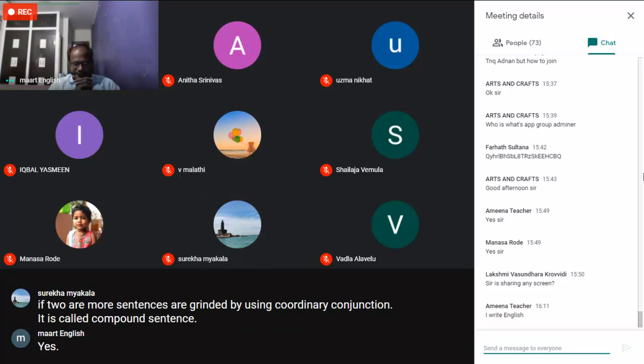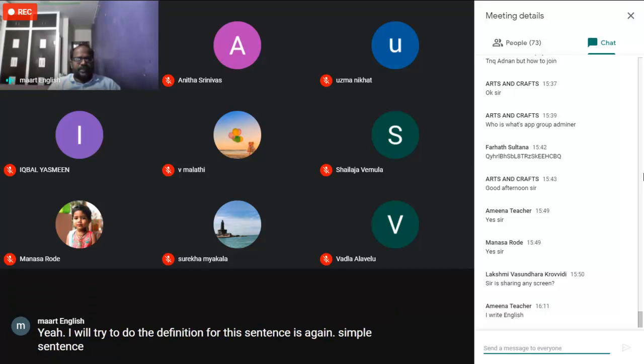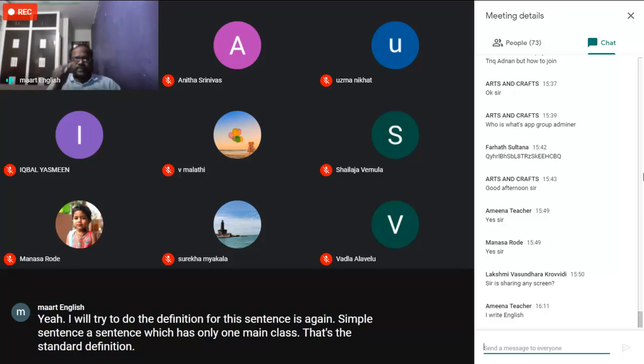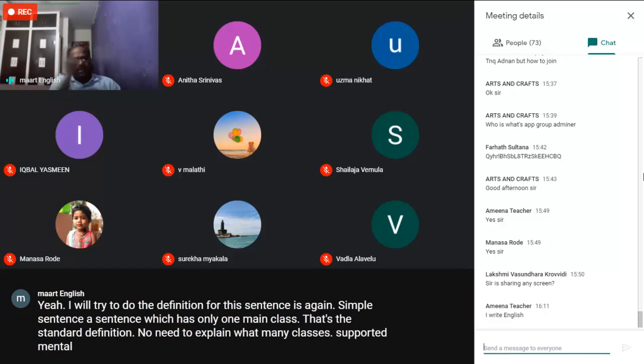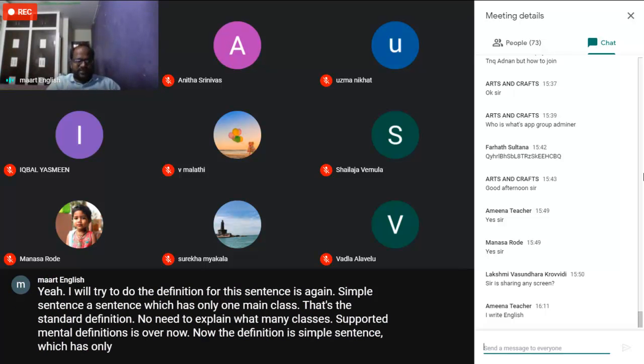I will try to give the definitions for these sentences again. A simple sentence is a sentence which has only one main clause. That's the standard definition. No need to explain what a main clause is. For example, MA English is a good course.